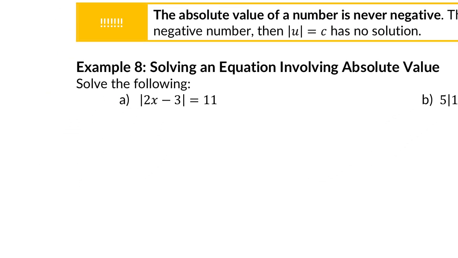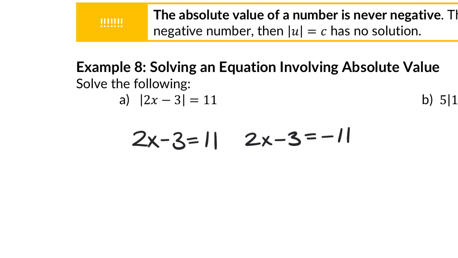2x minus 3, absolute value, equal to 11. Are the absolute value bars isolated? They're isolated, yeah. So remember, the bars themselves, are they alone on their side of the equation? Yes, which means we can go to the separate step. All you do is take the stuff from inside the absolute value bar, set it equal to the positive version of 11, and set it equal to the negative version of whatever that is.